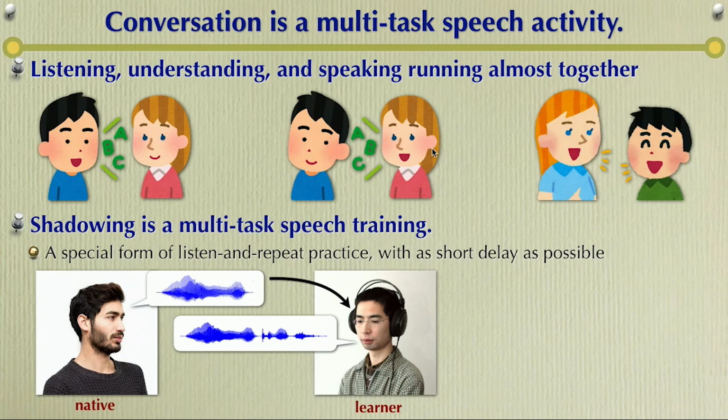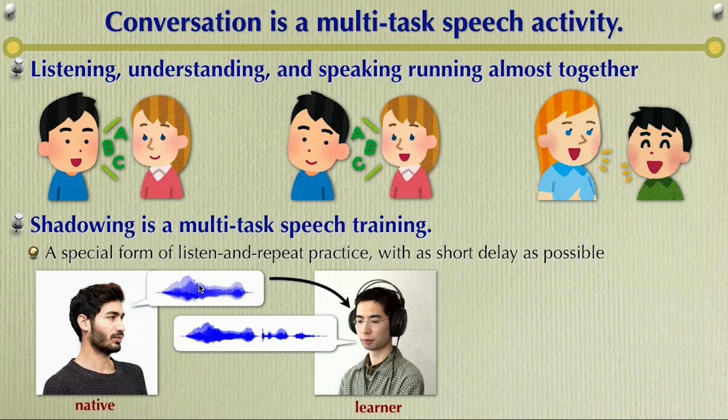That means to support learners to converse fluently, we have to introduce multitask speech training. In this case, we focused on shadowing practice. What is shadowing? Shadowing is a special form of listen and repeat practice. Every learner of English does listen and repeat: the teacher says something, the students listen, and then start speaking while repeating, right?